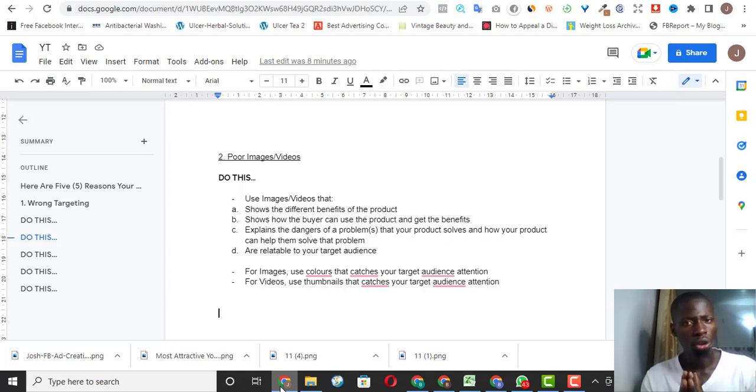If you're trying to use an image, also make sure the image shows exactly what that product can do. You can even state it on the image, write a brief write-up with short bullet points, so that the target audience can see the benefits that the product is going to offer to him or her. All right.